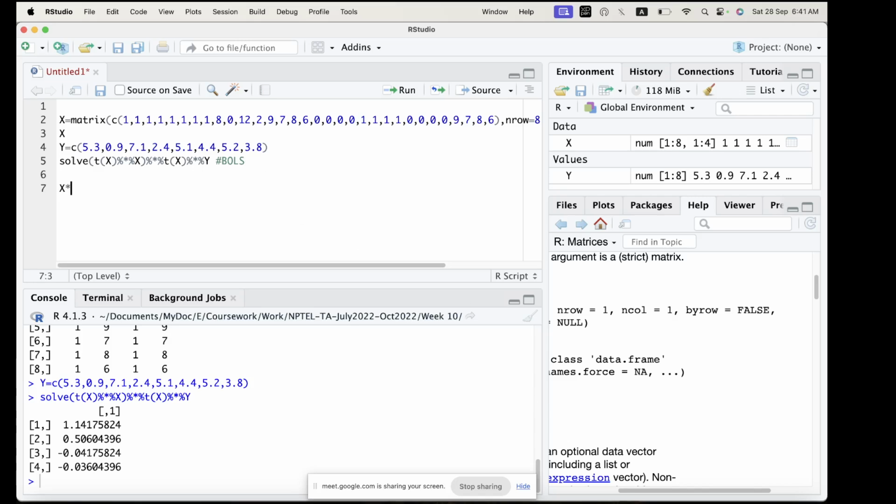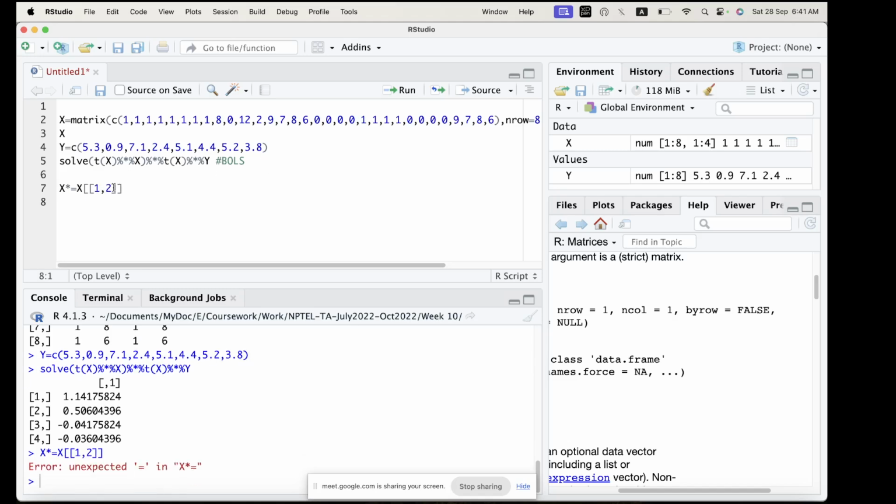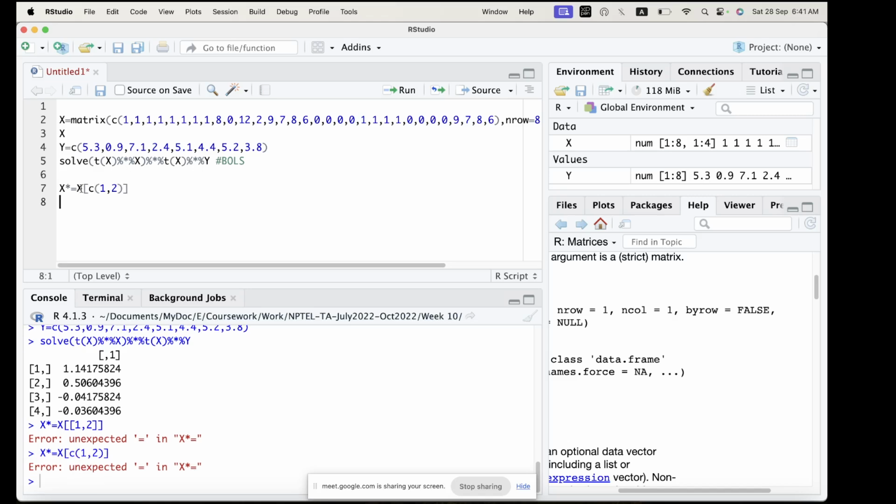So in that case, what will we have? We'll have x star equal to x, but only a subset, it will be x columns 1 and 2. Okay, so this would be x prime.